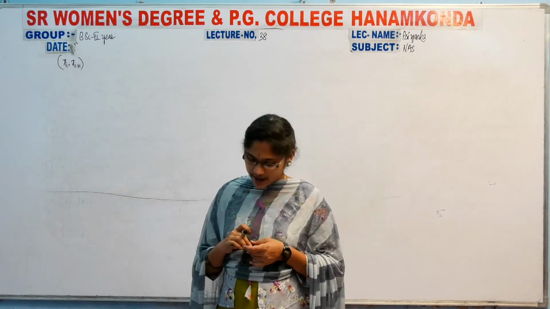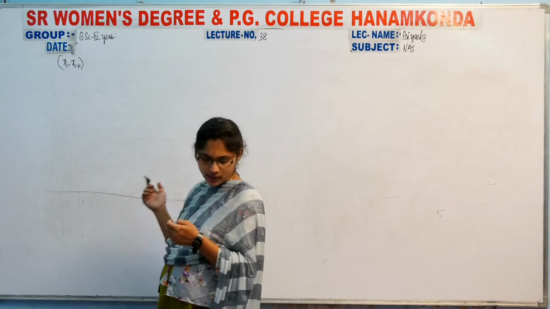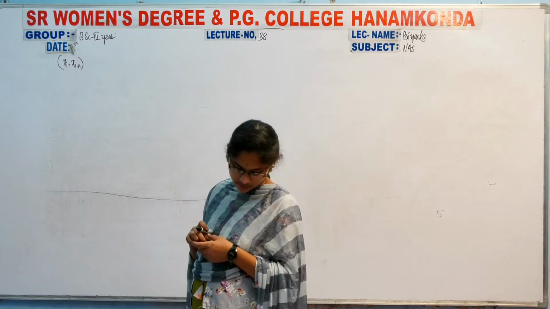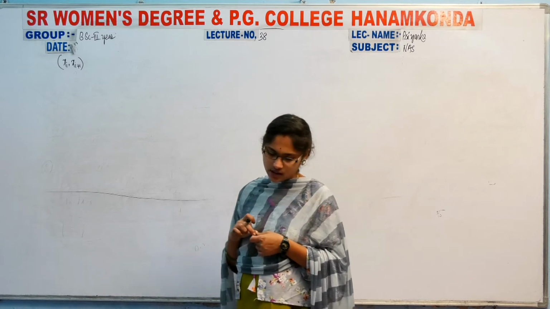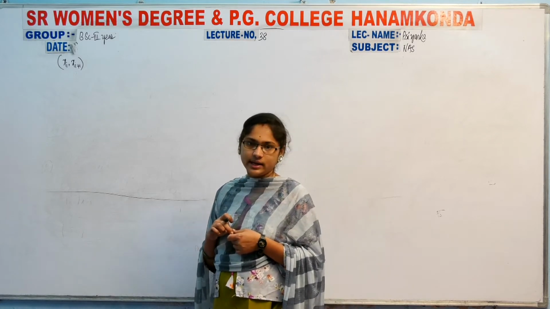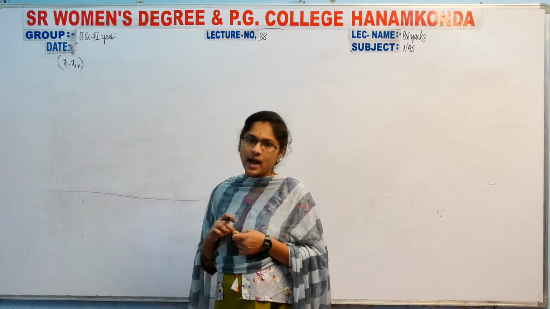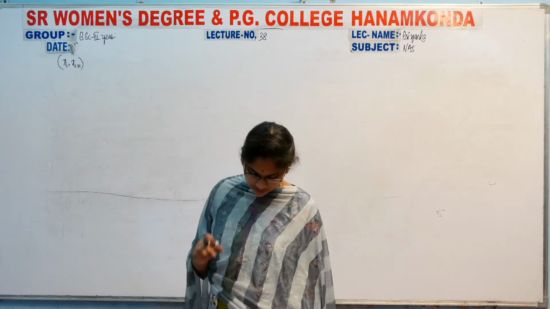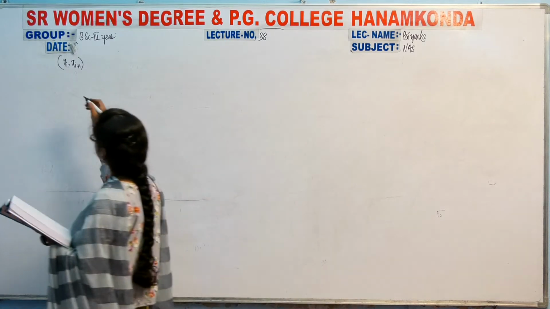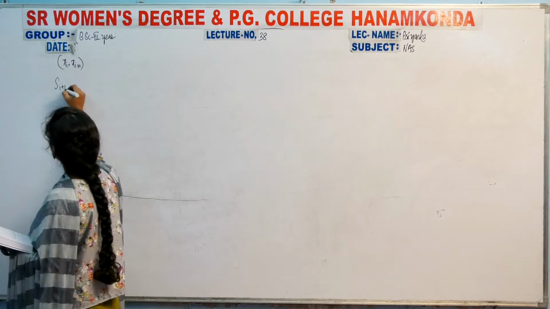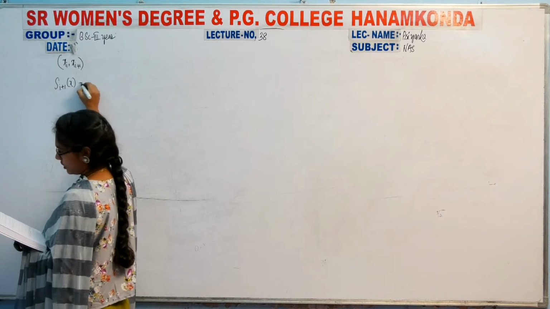We do this by setting i equal to i plus 1 in another formula, and by simplifying we have, write as it is, s i plus 1 of x.